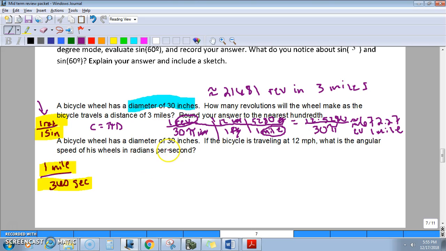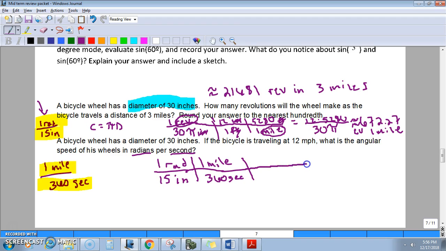I know that 1 radian is 15 inches, and I have radians on the numerator, which is what I want, but I need seconds on the denominator. And I know that 1 mile takes 360 seconds. So I just need to cancel out all of these other things.